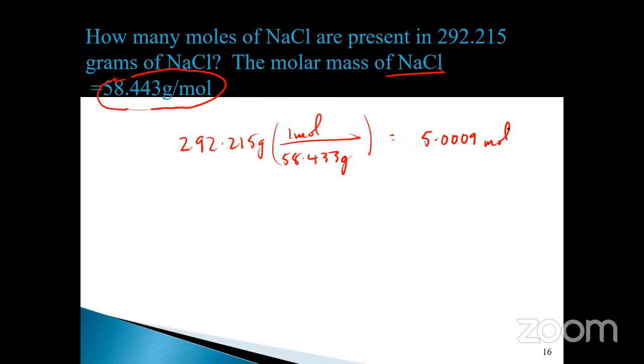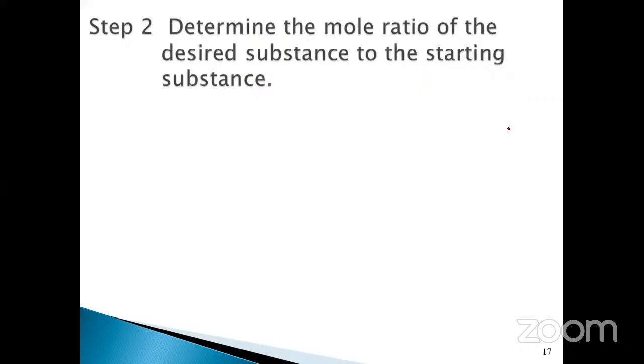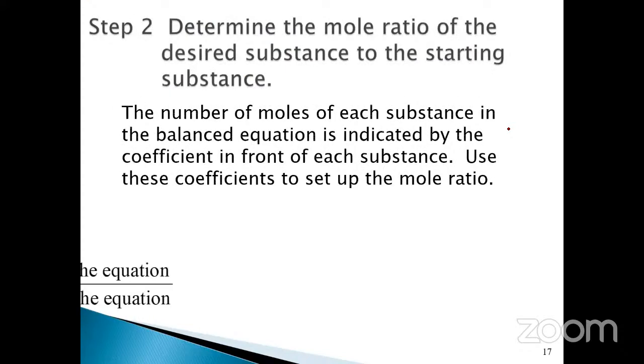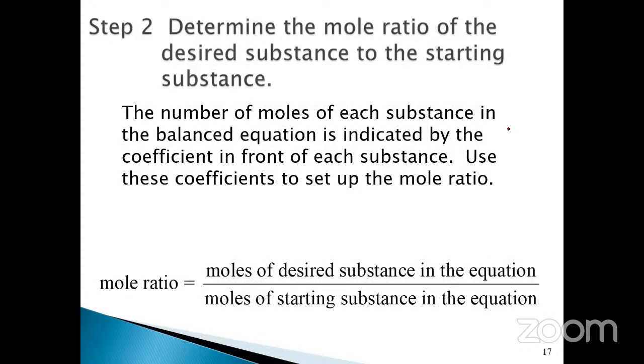As I said before, in some cases, this would be a necessary first step if you're given a mass in grams of one substance in the problem to begin with. Okay, the next step, as we said before, is to determine the mole ratio of the desired substance to the starting substance. And this is based on the balanced equation, right?